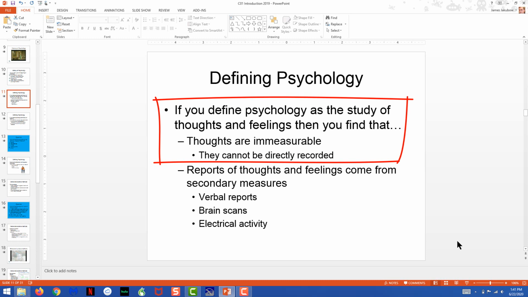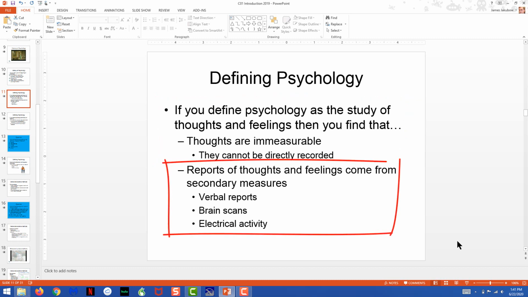Now, if you can't use thoughts or feelings, can't you use other kinds of things that are related to it, like verbal reports, brain scans, or electrical activity off somebody's head? Well, you can use those things, but they don't replace the thoughts and feelings themselves, because a verbal report, what a person says about their thoughts, is not the thought itself. It is what the person says about the thoughts.